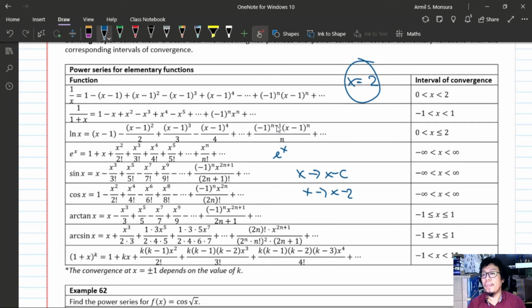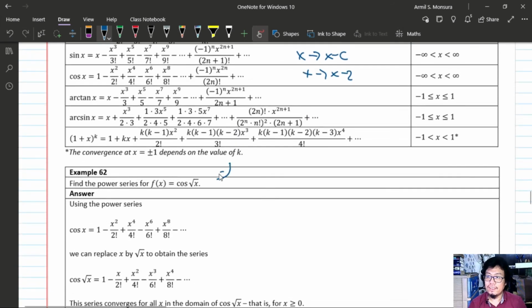And again, we can derive more and more Taylor and Maclaurin series for other functions by doing some operations on these known series. Say for example, you have f of x equals cosine of square root of x. This is simply function composition.